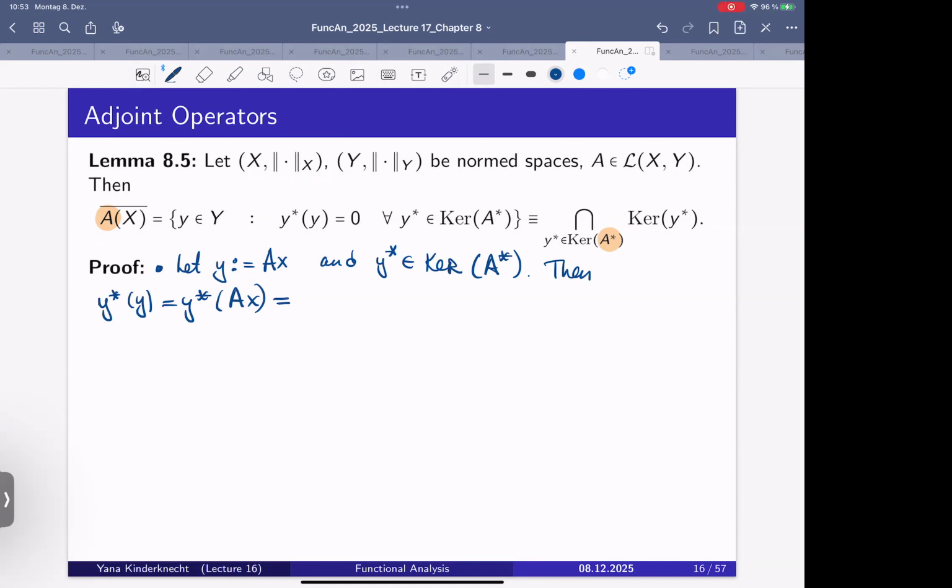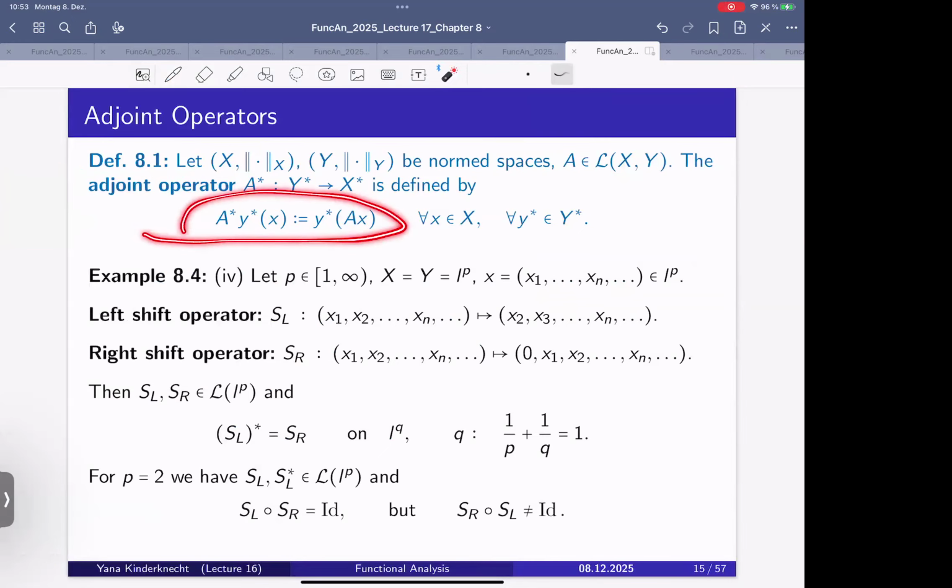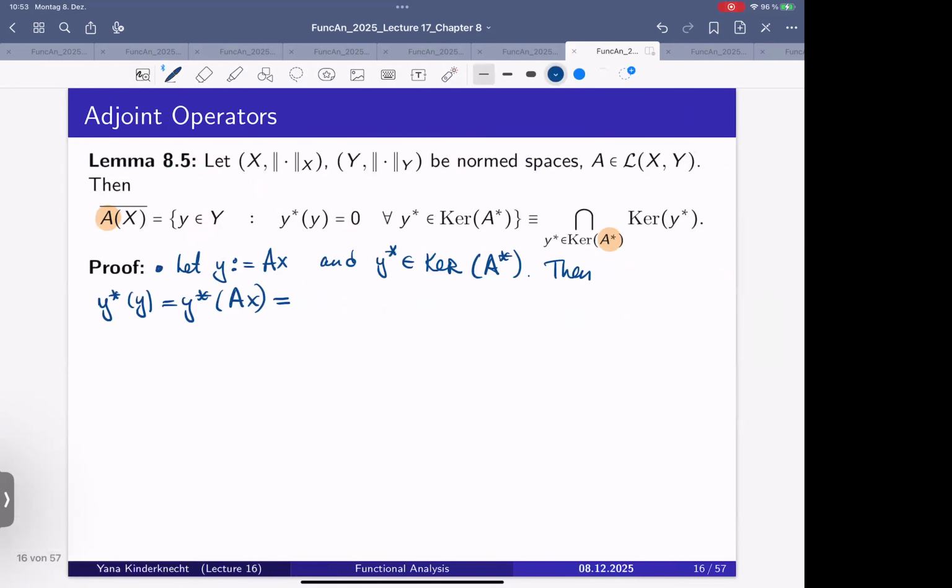Using the definition, this is equal to A star applied to y star and then evaluated at the point x. This is by definition of A star. But since y star belongs to the kernel of A star, this is equal to 0. So this is the zero linear functional, which is 0 for any x.